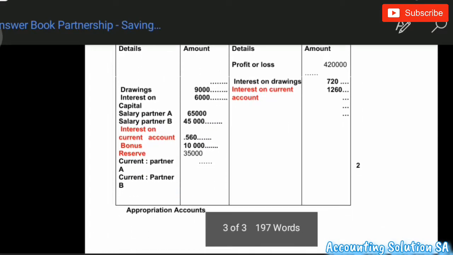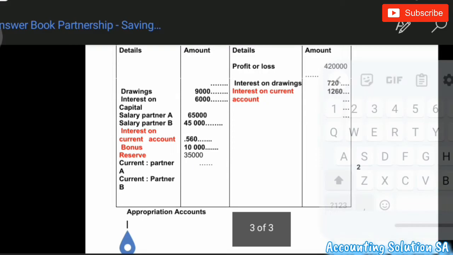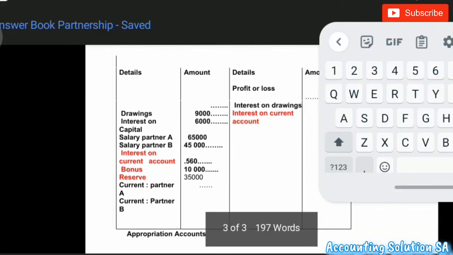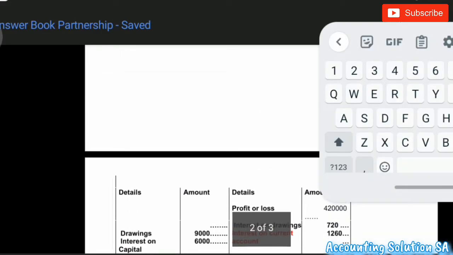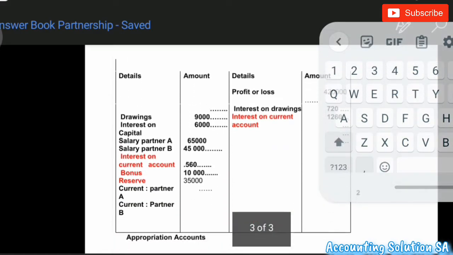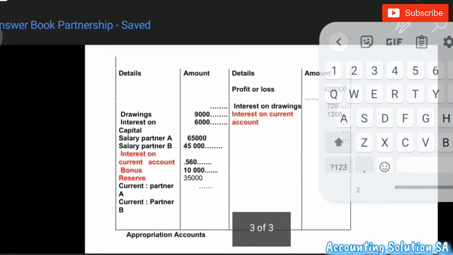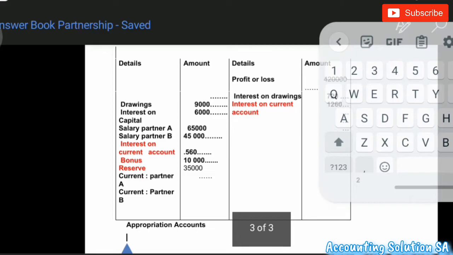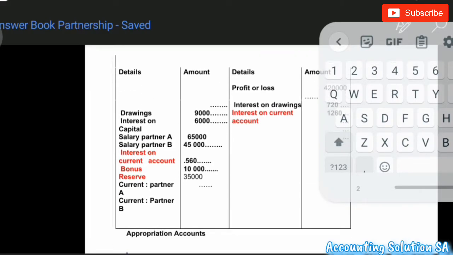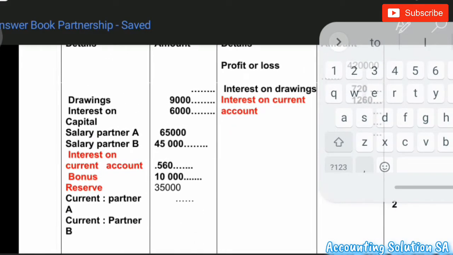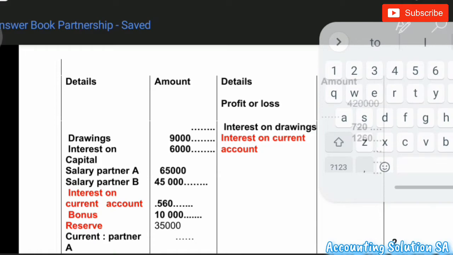Now we have to identify the remaining amount. How are we going to calculate that? Very simple. We take everything that is credited and we add them together, then we subtract whatever is debited. Okay, let's do this. On the credit side, we have amount of 420,000.